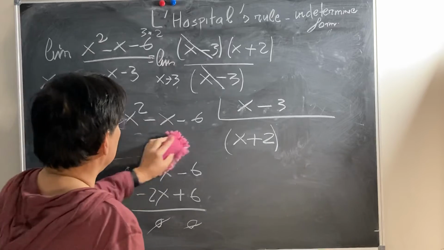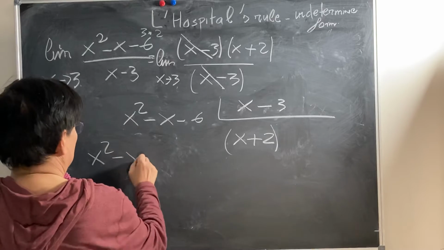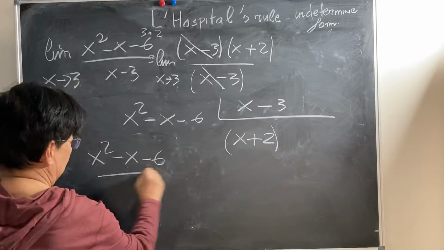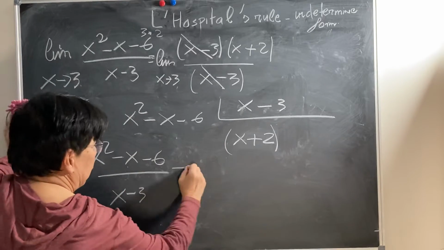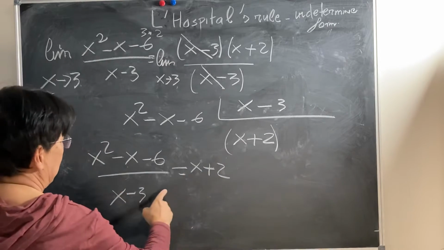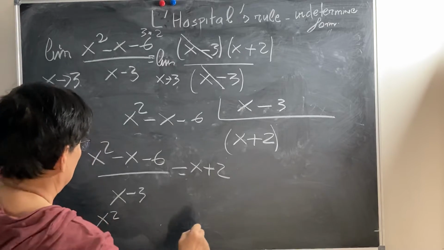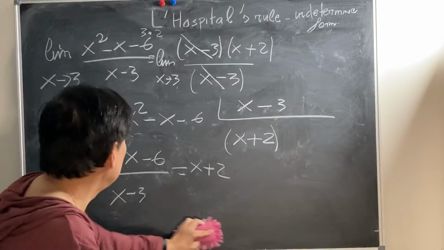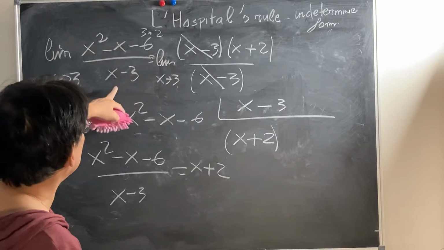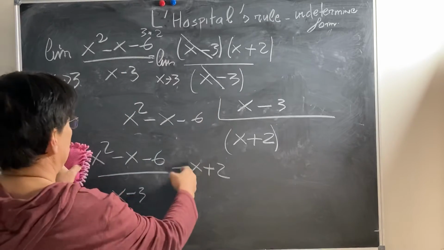So that means x squared minus x minus 6 divided by x minus 3 equals x plus 2. Then multiplying both sides by x minus 3 gives back x squared minus x minus 6. So we replace x squared minus x minus 6 divided by x minus 3 by x plus 2, and we get the same answer.